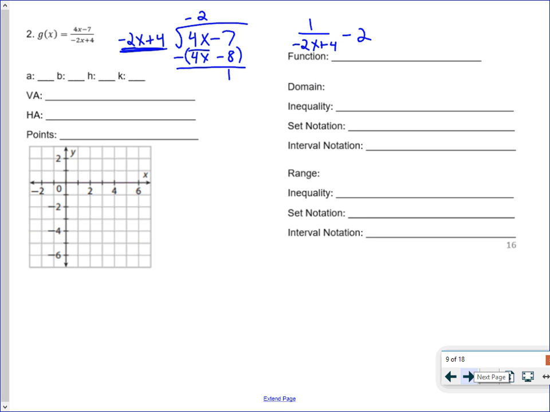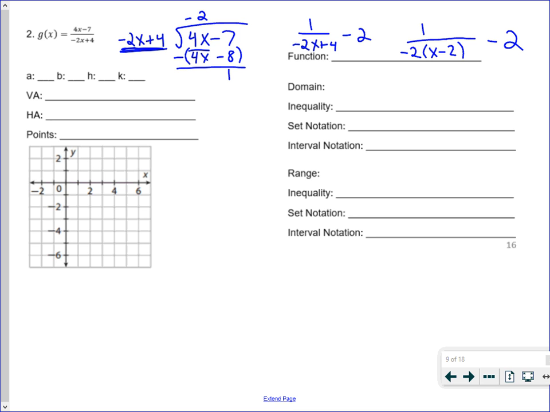So we're going to factor out that negative 2 from the negative 2x plus 4, and we get negative 2 times (x minus 2). If you multiply that negative 2 back in, you get negative 2x plus 4. And all of that minus 2.